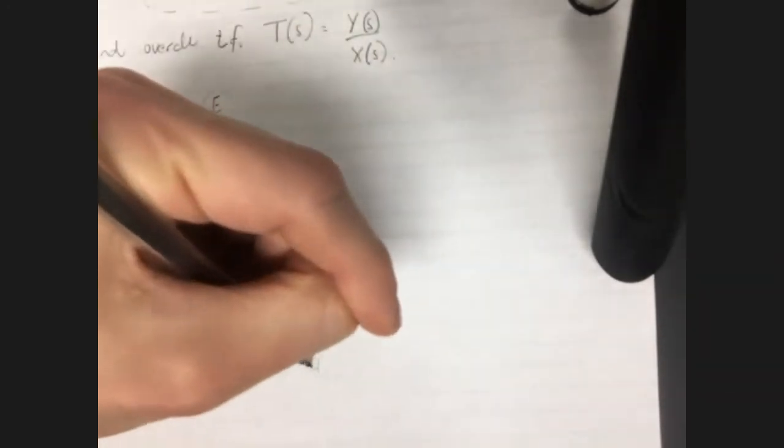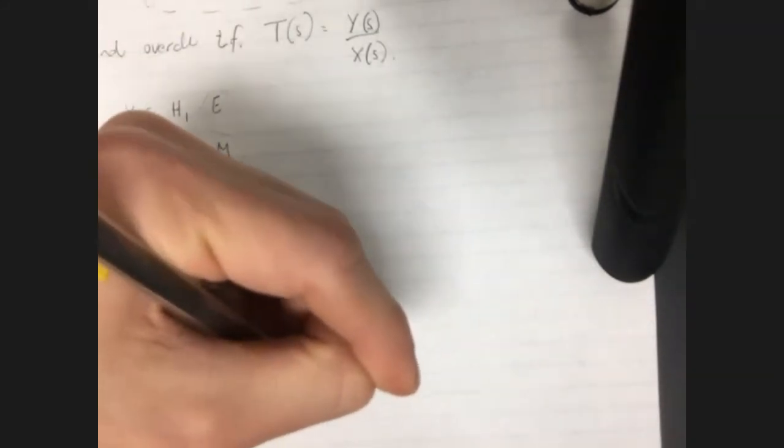Basically I took this term over to the left and factored that out. Now I can do my ratio and say Y over X is going to be H1 over (1 plus H1 H2). And that right there is going to be my overall transfer function.